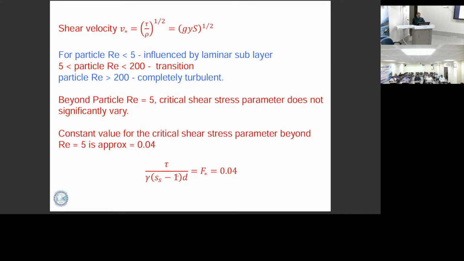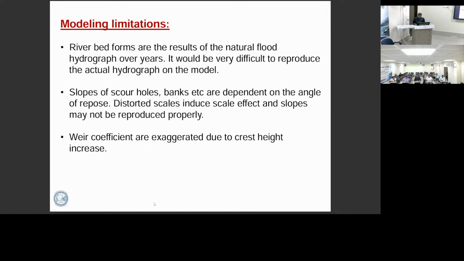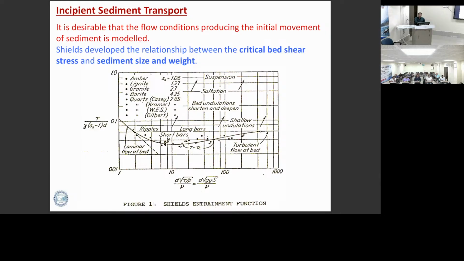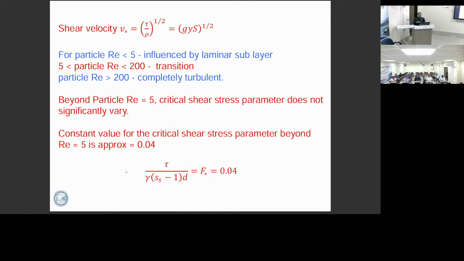The parameter 0.04 is the approximate value of the critical shear stress parameter, beyond Reynolds number of 5. Here you can see this 0.04, whatever the material, generally applies when the Reynolds number is more than 5.